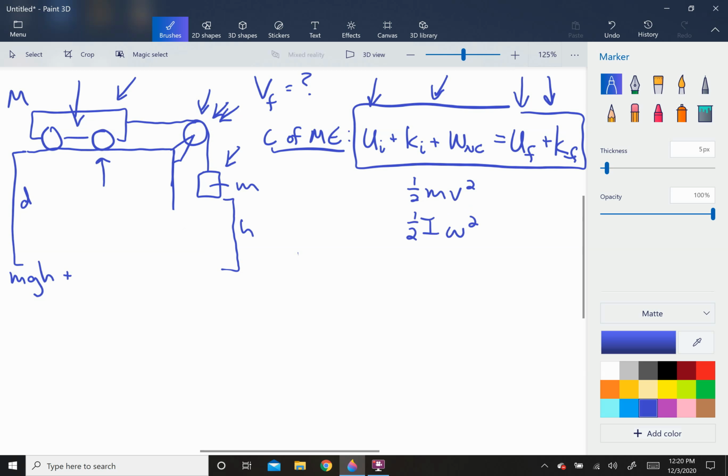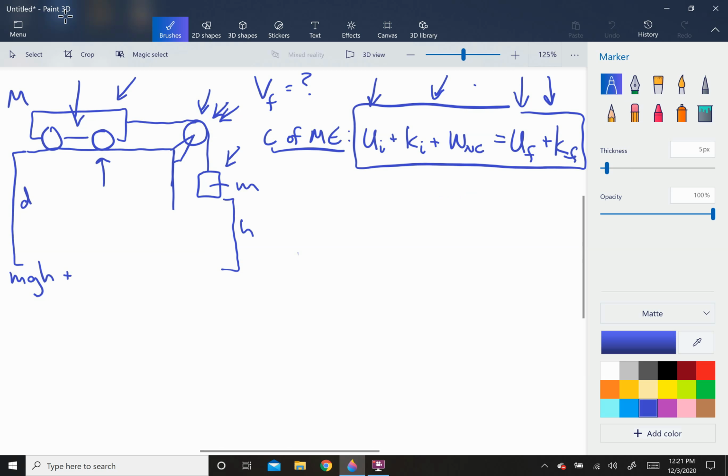So at this moment, and I'm kind of giving away the cow here, before everything starts moving, do we have kinetic energy? Is anything spinning? No, it is not. And does anything have a center of mass that's moving through space? Also no, because by definition, I've picked as initial that point in time right before everything starts moving. So there is no kinetic energy.